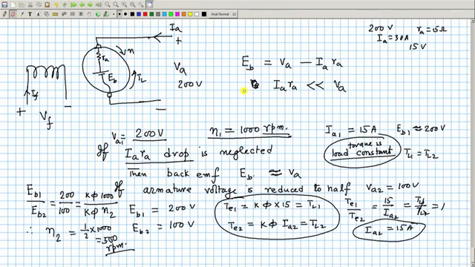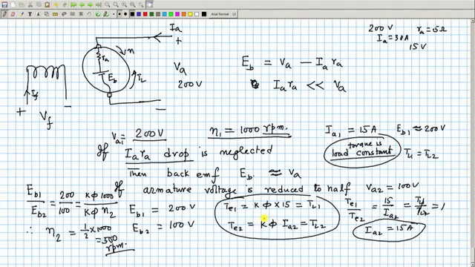So, there will be two cases, initial operating point, at some speed it is running, some armature current it is drawing, and some back EMFs. We take the ratios. Similarly, another equation, torque equation, you write for steady operation of the machine in the two cases.